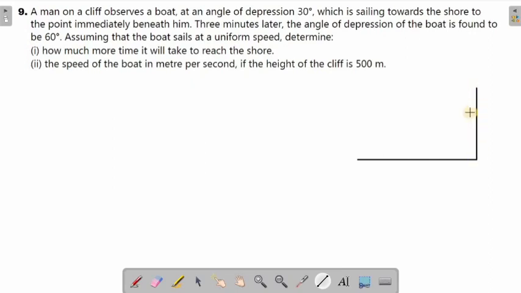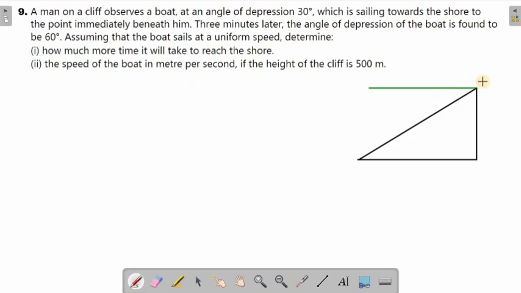The man is on top of the cliff, and let's say that initially the boat is at this point. If I join this, and if I form one more horizontal line from the top, why am I drawing this horizontal line from the top? Because they are talking about the angle of depression.